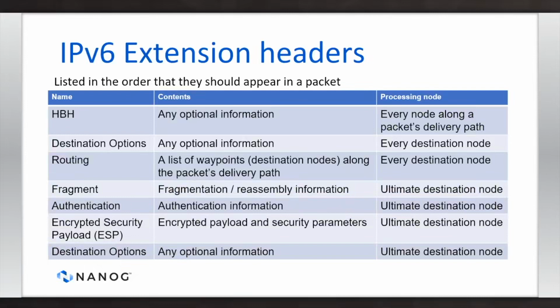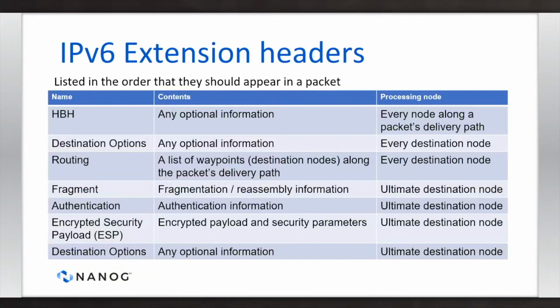So when you're processing an IPv6 packet, if there is a HBH coming right after it, it's going to be processed. The next thing you will do is look for a destination option. That one is to be processed by every node that's listed in the routing header. Now, destination options and routing are both irrelevant if there's no routing header. Then finally, when you reach the packet's ultimate destination, you reassemble it.